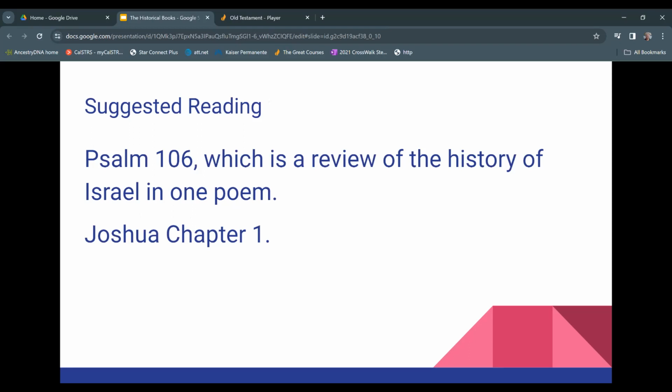But I also suggest you might like to read Psalm 106 because it just in one poem gives you the whole history of Israel. It's like a quick, condensed, concise review of Israel and what happened in their history.